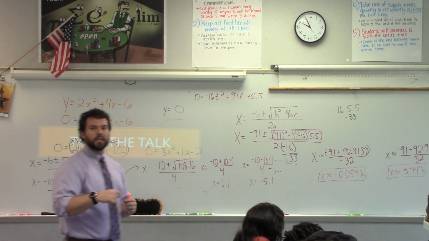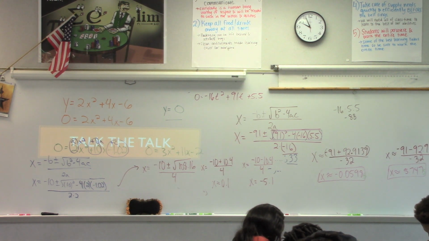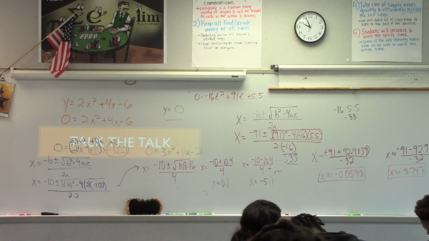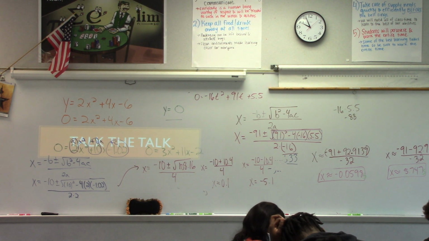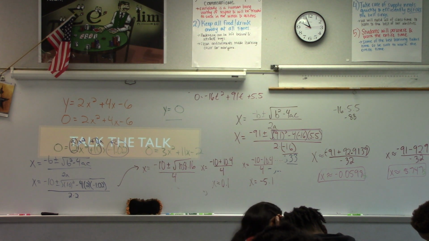If you ran into issues with the calculator, let me know and I will show you how to fix it with that last problem. Yeah, so here's the issue. It's right here. See how you divide 10 by 4? Oh, by the way, I need to clarify. I do want you to do this talk the talk on your own, Sheridan, page 90, so I can see what you are capable of doing.